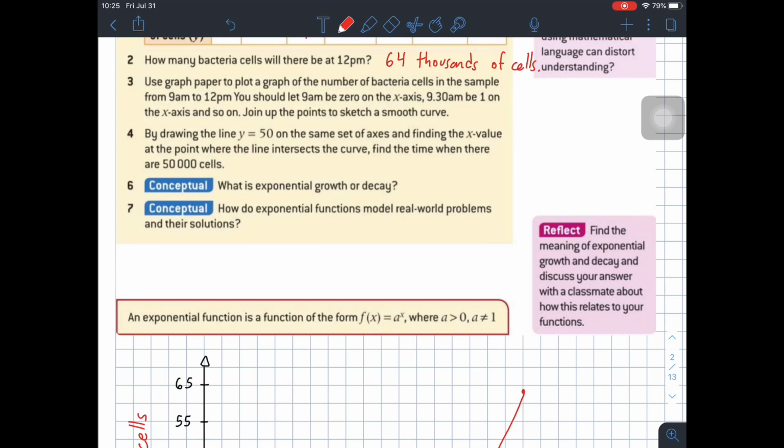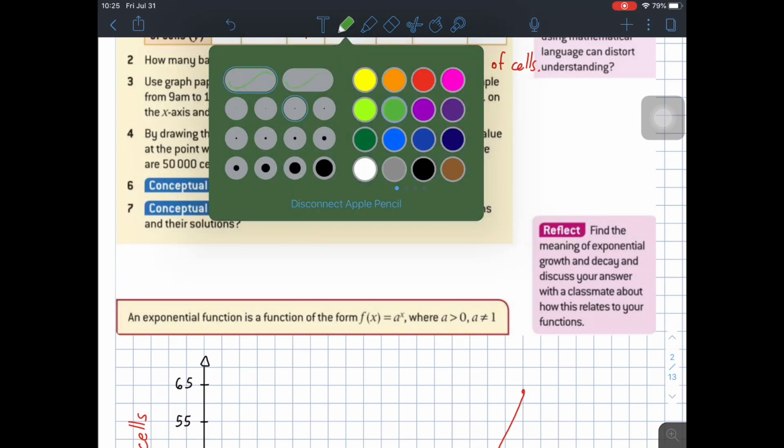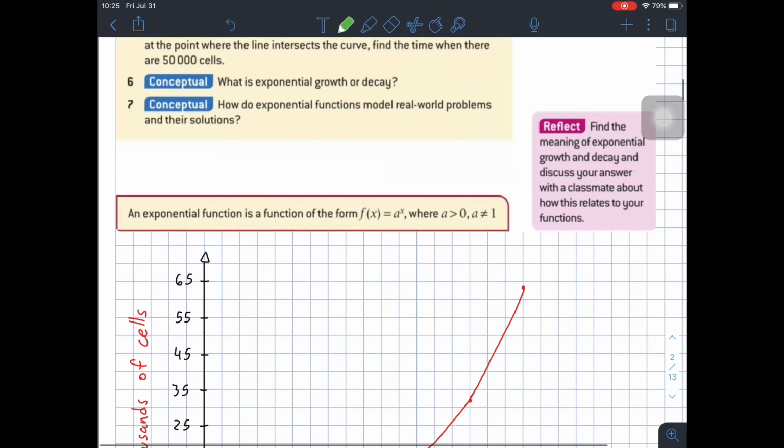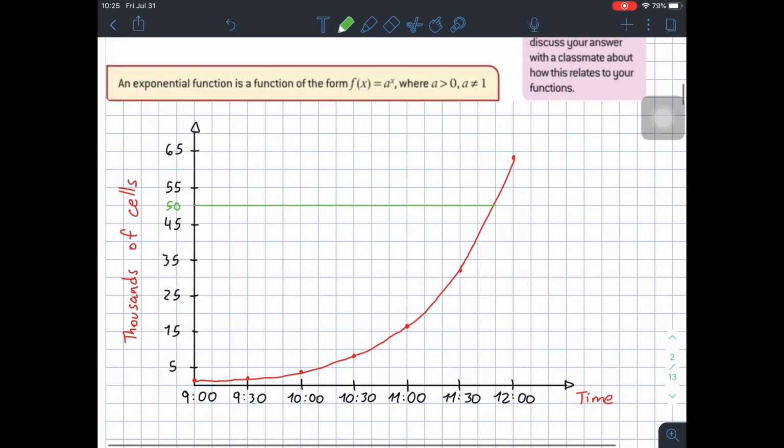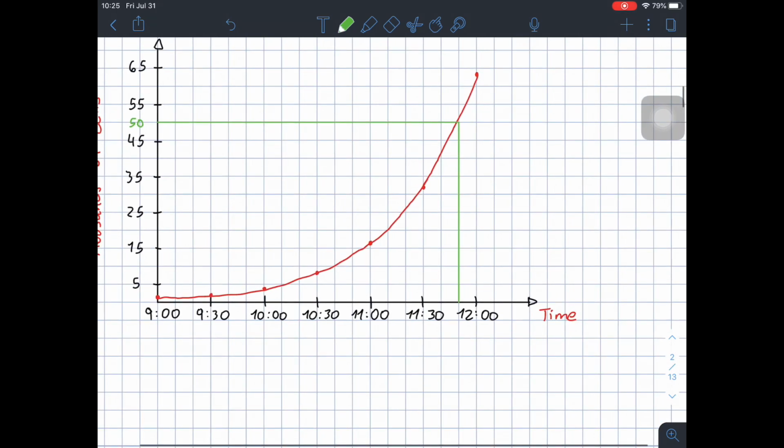So if I draw that line y equals 50, let me do that with green. Y equals 50 is right here. This is 50. So the line would be this one over here, and it intersects the graph right there, right? If I take this down to see where it intersects the x-axis, it's somewhere around there, right?